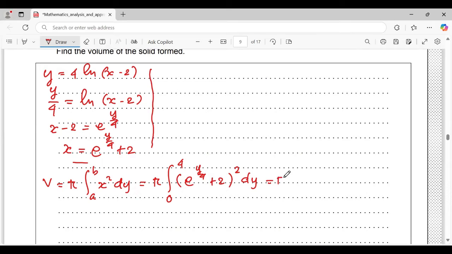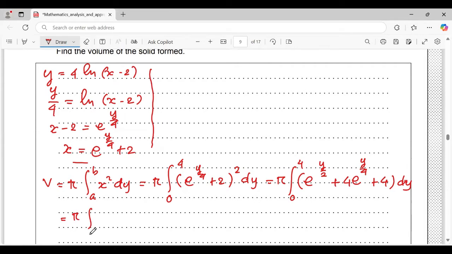Or we can expand: 0 to 4 of e power y over 2 plus 4 e power y over 4 plus 4 dy.